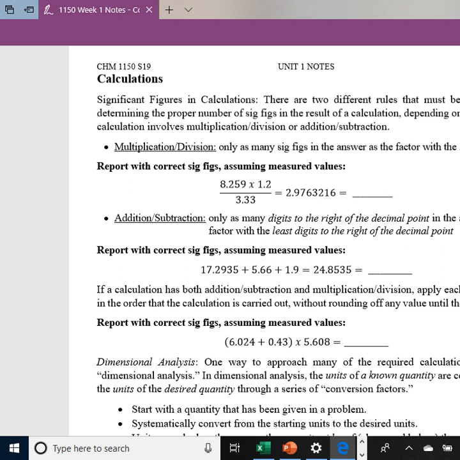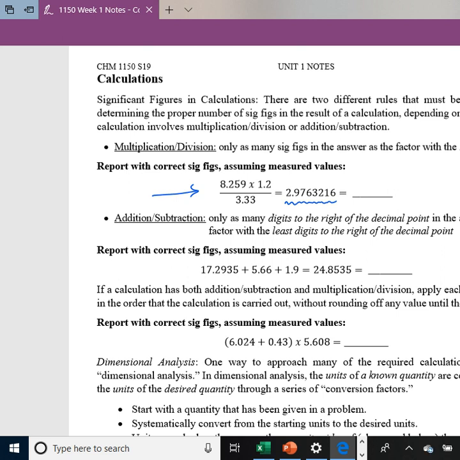So what this looks like, for example, let's say we're going to do this calculation here. Report with correct sig figs assuming measured values. So we have 8.259 times 1.2 divided by 3.33. And this big long number here is the number that the calculator spits out, but we need to know where we're going to round that. So how many sig figs can the answer have?